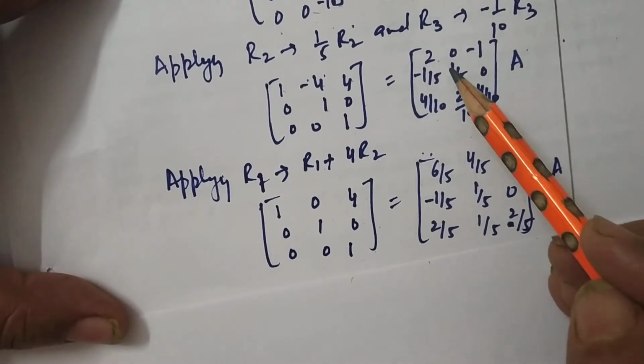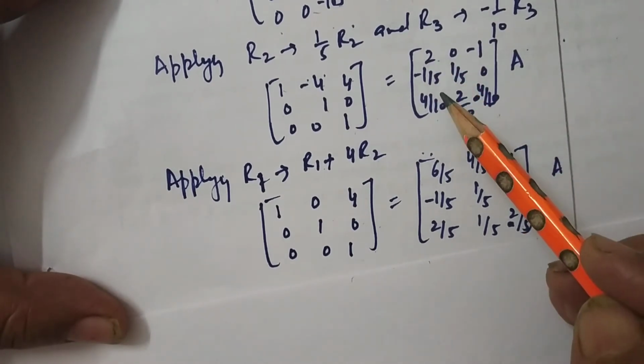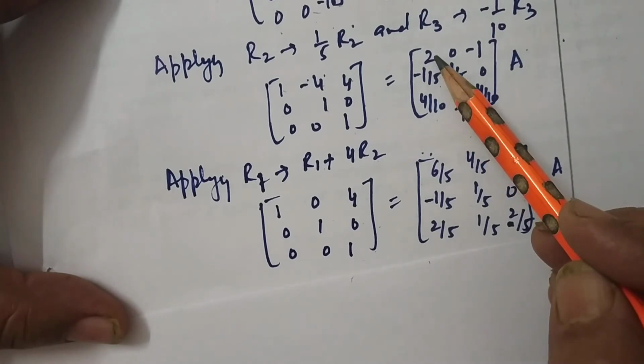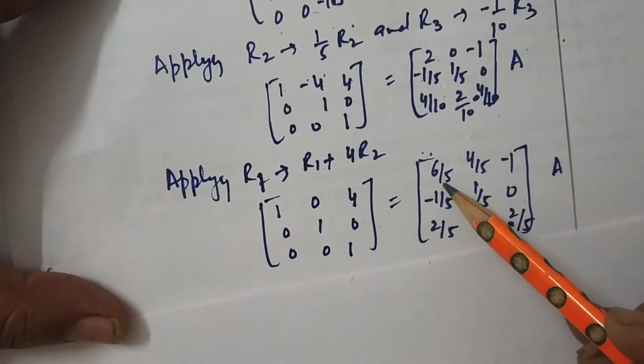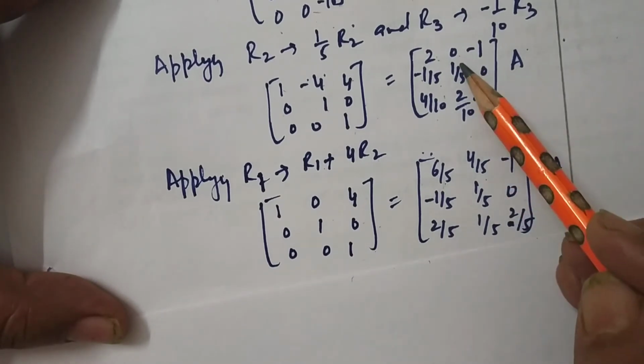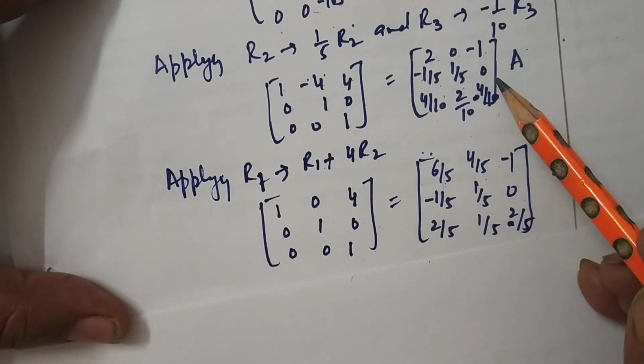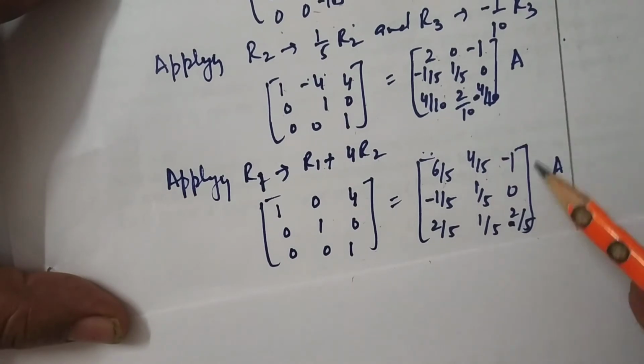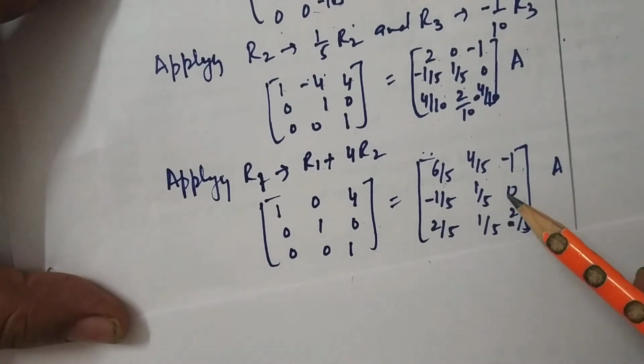Now here I need to be a little careful. R1 plus 4 R2: 2 minus 4 by 5 gives me 6 by 5. 0 plus 4 by 5 gives me 4 by 5. Minus 1 plus 4, 0, that is minus 1.